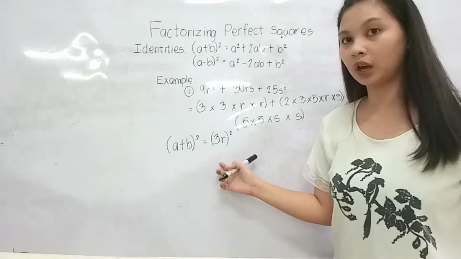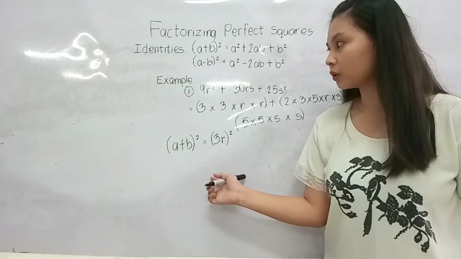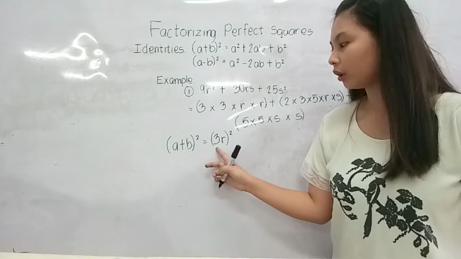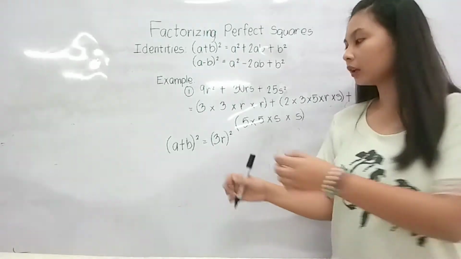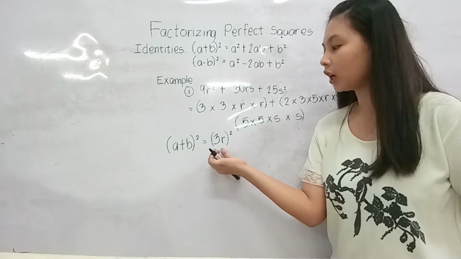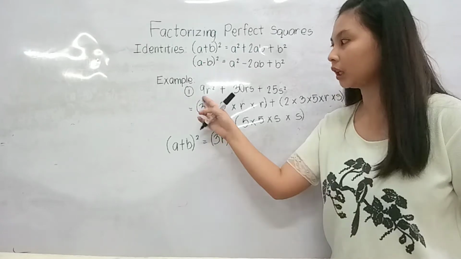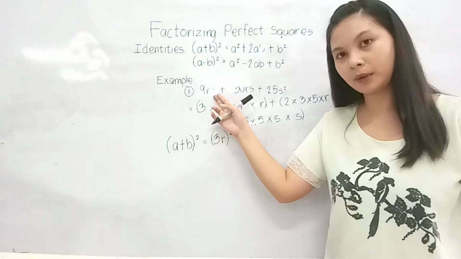Since perfect square po si 9r squared, pwede natin siyang isulat as (3r) squared po. Pag in-expand natin si (3r) squared, magiging 9r squared pa rin po siya.